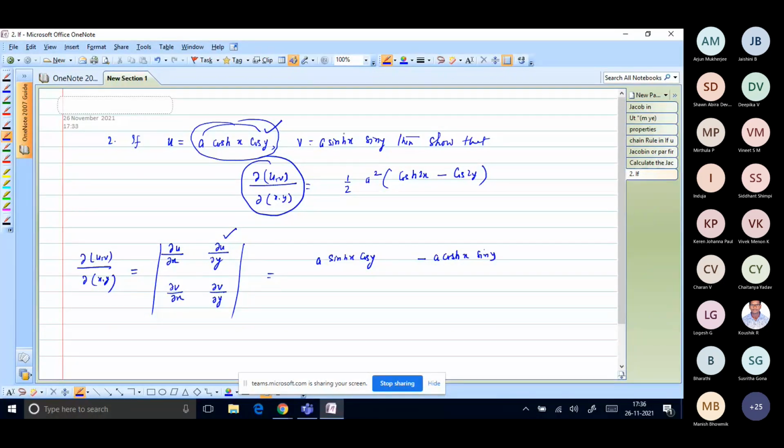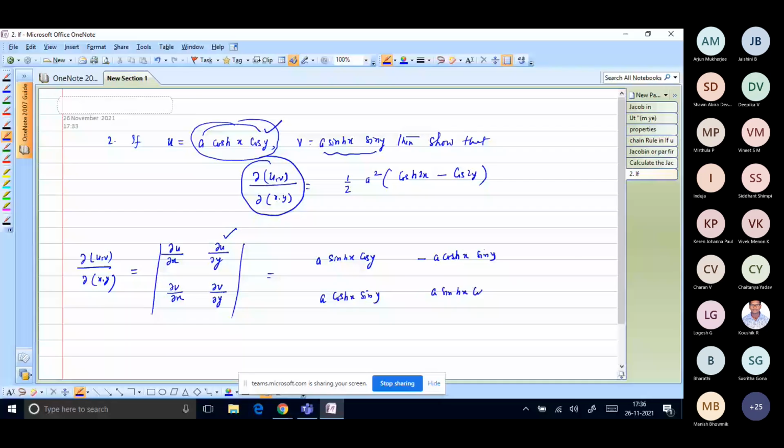Similarly, I go to v with respect to x: a sin hyperbolic x, its differentiation is cos hyperbolic x, and sin y is constant. Then with respect to y, I will write a sin hyperbolic x, and the differentiation of sin y is cos y.